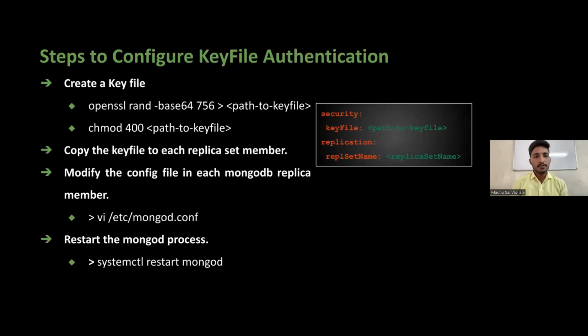These are the few steps to configure key file authentication. We need to create a key file with the openSSL command, consisting of 6 to 1024 characters. We are providing root privileges only. Copy the key file to each replica set member, modify the config file by adding the security.keyFile option, then restart the MongoDB process.